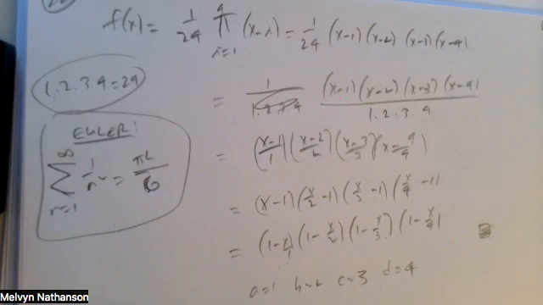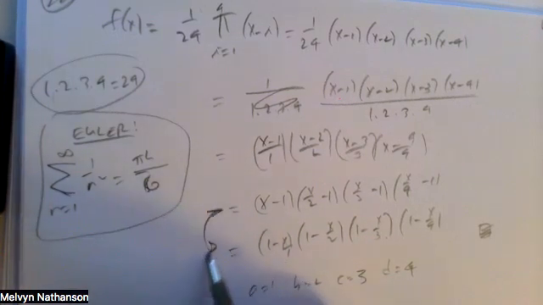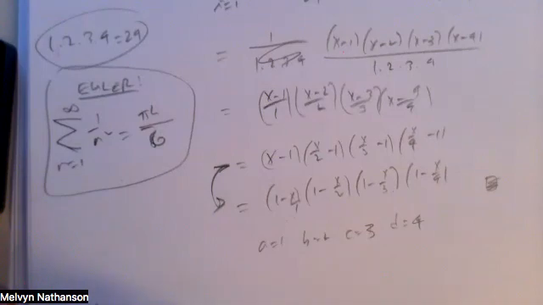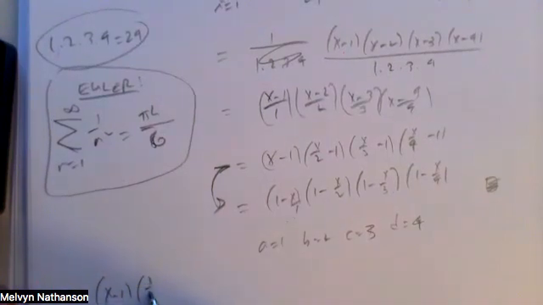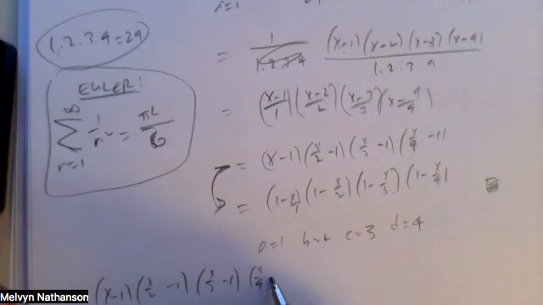Professor, one question. Yep. For the second to last part, what allowed you to switch the signs from here to here? Okay. So I have x minus 1, x over 2 minus 1, x over 3 minus 1, x over 4 minus 1.